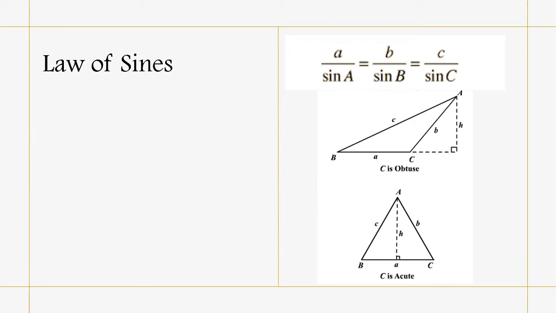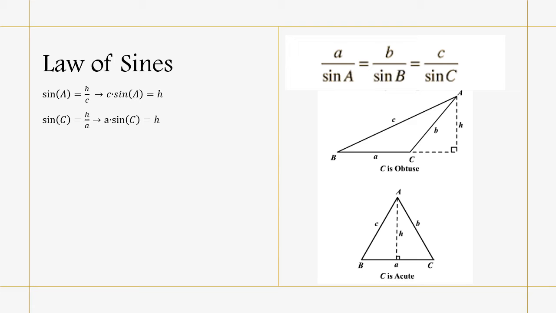So the law of sines is a divided by sine A equals b divided by sine B equals c divided by sine C. And we know that sine A is equal to h divided by c, as shown in the diagram, and we know that c sine A is equal to h. Then we have sine C is equal to h divided by a, and that becomes a sine C is equal to h.